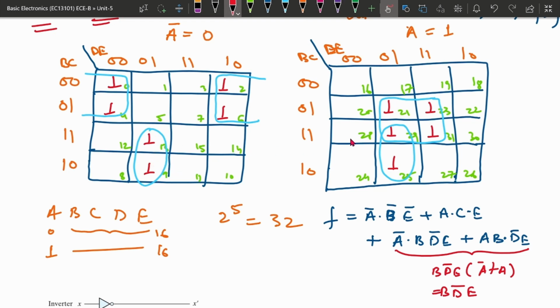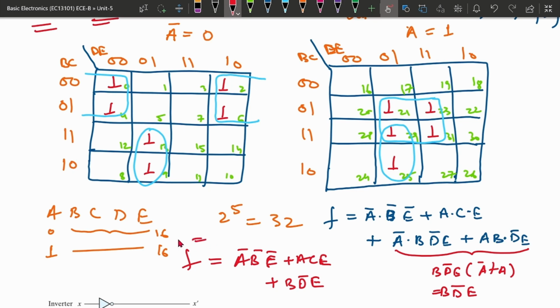If it is going to make a quad, this term will be coming out. We can make a quad out of this, or we can separately consider these two, and the result will be the same. So it is coming out to be A bar B bar E bar plus ACE plus B D bar E. So this is for the 5 variable function.